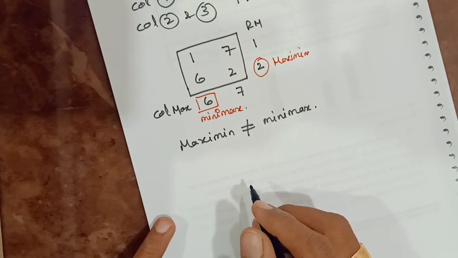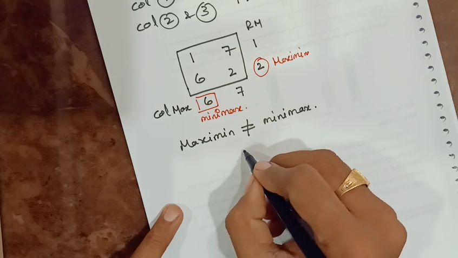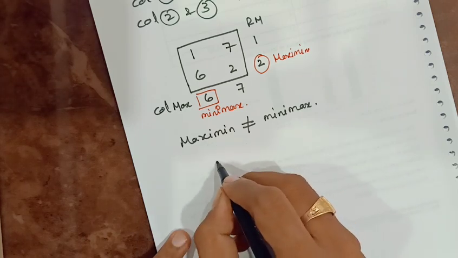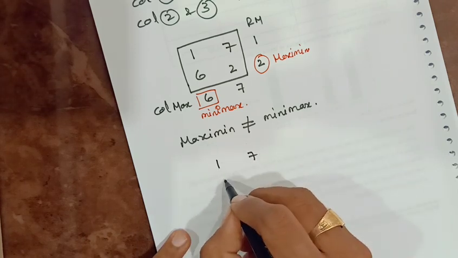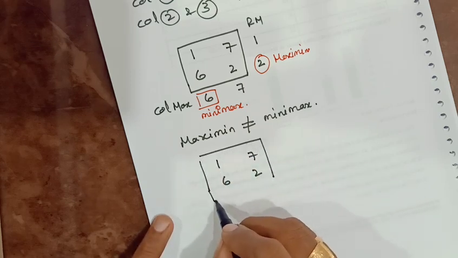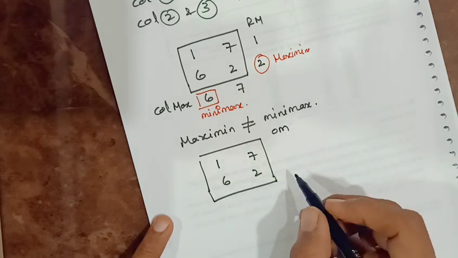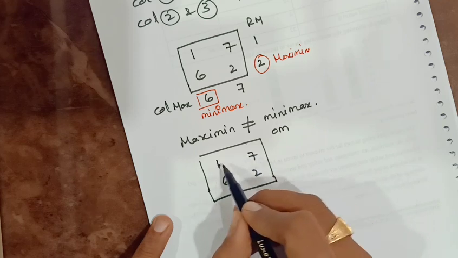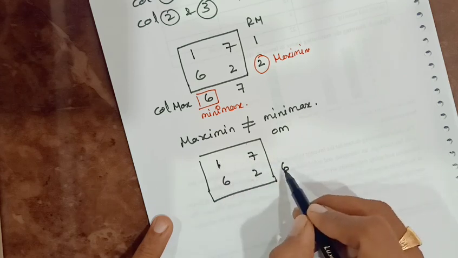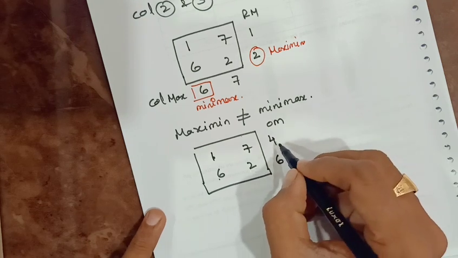So here we have to find out the oddments. Oddments we have to find out for this particular matrix 1, 7, 6, 2. 7 minus 1, we will be writing here 6. 6 minus 2 is 4.